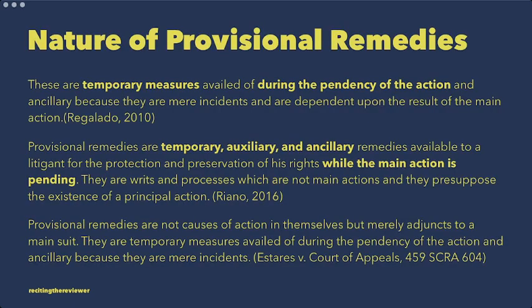So, as to the nature of provisional remedies, it is said in Regalado that these are temporary measures availed of during the pendency of the action and ancillary because they are mere incidents and are dependent upon the result of the main action.